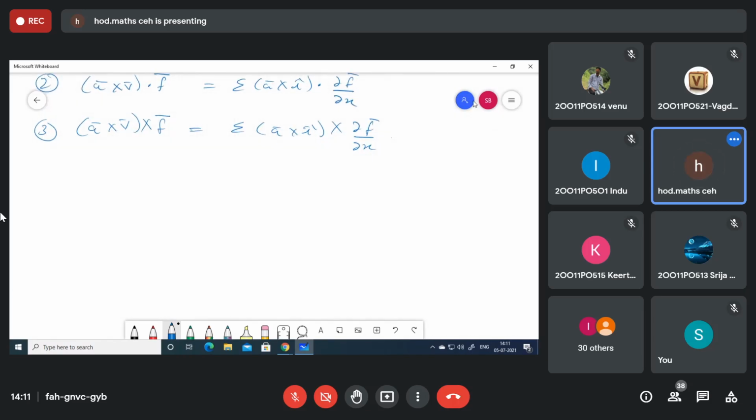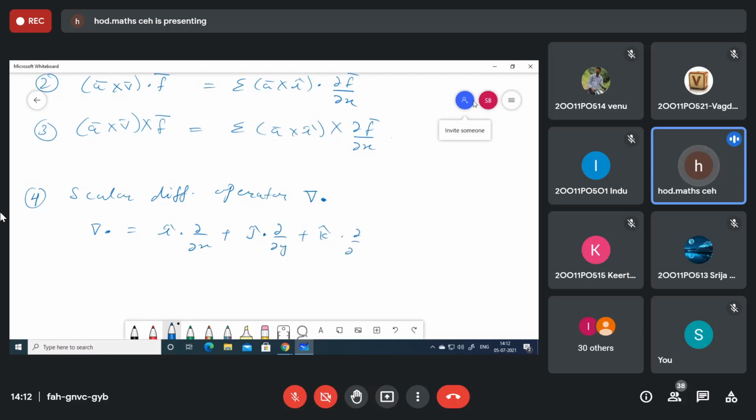Next one, scalar differential operator. So the previous one also was a scalar differential operator, but there was A bar dot del. Now I can just define del dot also. Del dot. Okay. So the operator del dot means i cap dot dou by dou x plus j cap dot dou by dou y plus k cap dot dou by dou z.